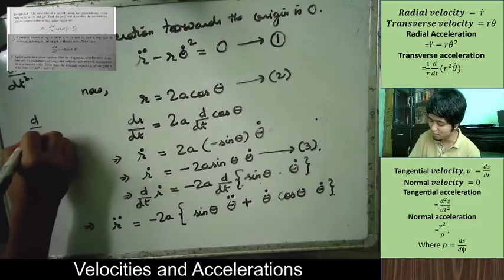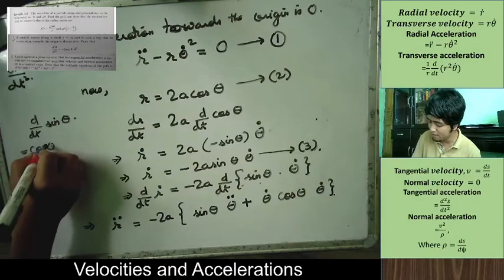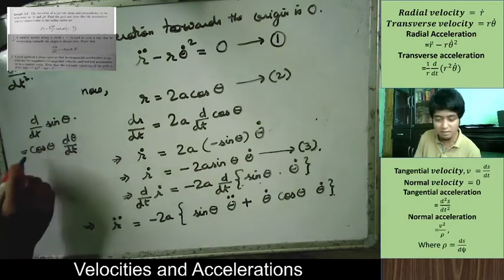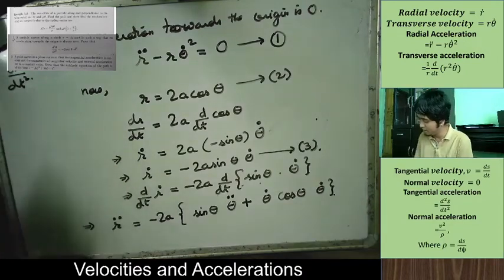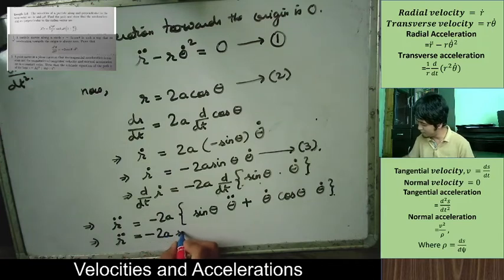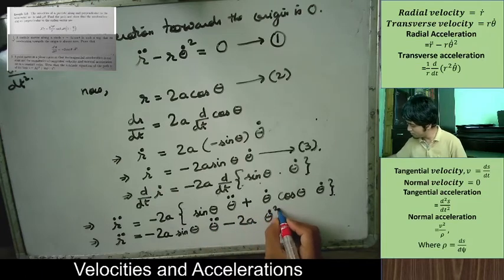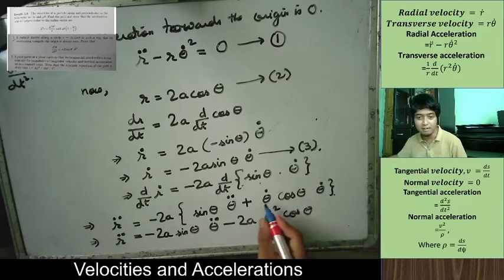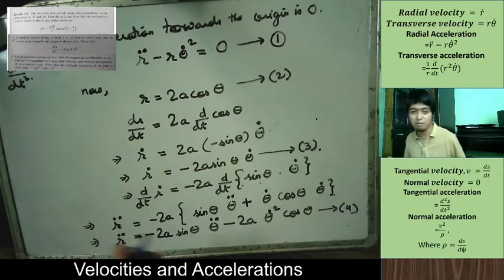In case you were wondering, d dt sine theta is cos theta d theta dt. So that's why we will be getting cos theta dot. That is exactly what we are having here. So ultimately we are getting r double dot equals minus 2a sine theta double dot minus 2a theta dot square cos theta, since theta dot times theta dot gives theta dot square. Let us name this one as equation 4. Maybe we will need it.